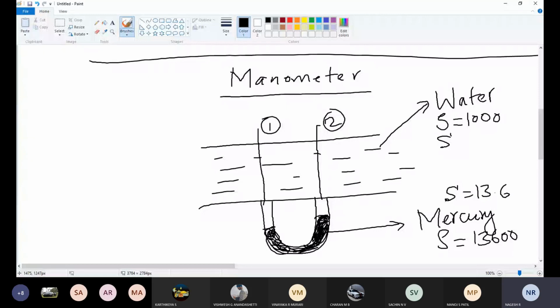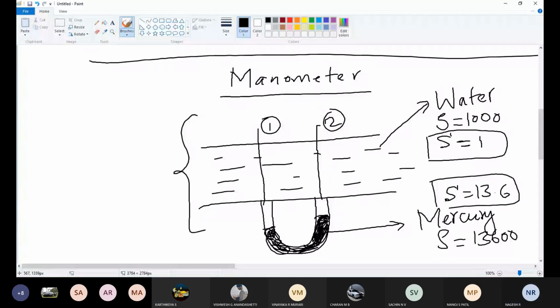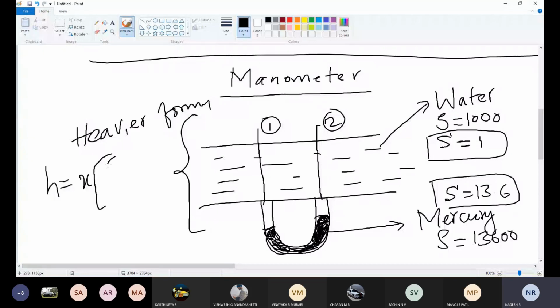Now from these values, which is the greater value? Mercury. Then for this figure I will consider the formula H is equal to X into (S_m/S_w minus 1). This is one condition.